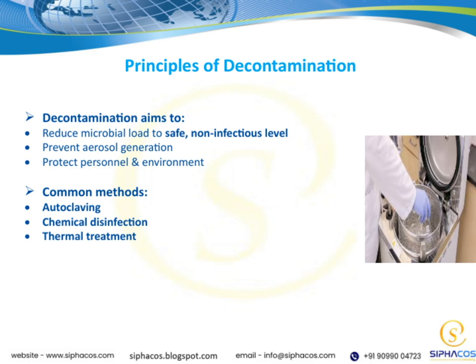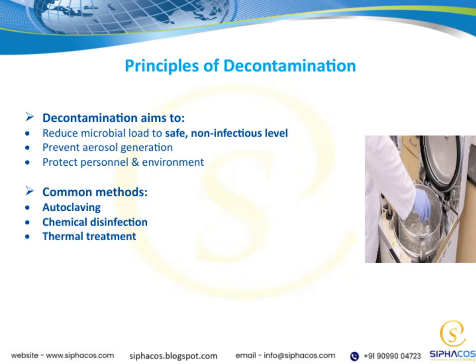Now, when it comes to the common methods of decontamination, we typically think of autoclaving, which uses pressurized steam to sterilize equipment thoroughly. Chemical disinfection is also widely used, involving disinfectants that kill or inactivate microbes on surfaces. Thermal treatment, on the other hand, employs heat, whether dry or moist, to decontaminate items effectively.